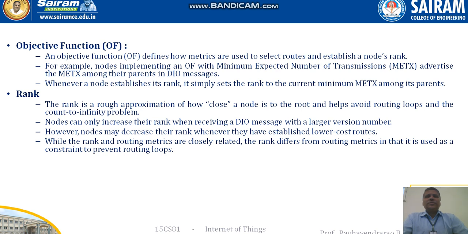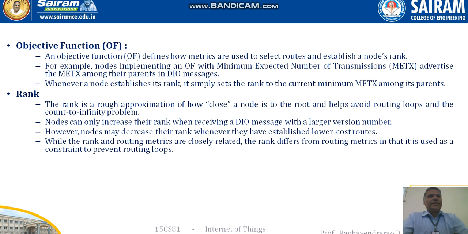Now the nodes can only increase their rank when receiving a DIO message with a larger version number. However, nodes may decrease their rank whenever they establish lower cost routes.